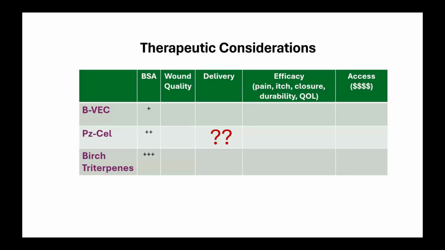And what is the quality of the wound? Are these acute or chronic, or places that cause significant pain and itch and impair patients' quality of life? What other factors, such as durability of the treatment, do we need to take into consideration?